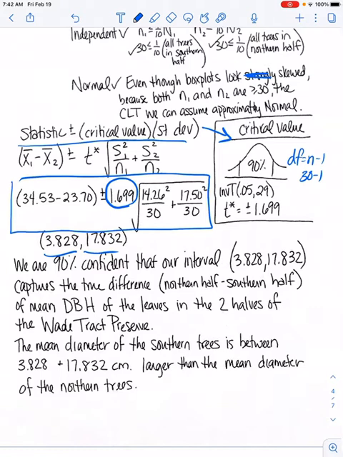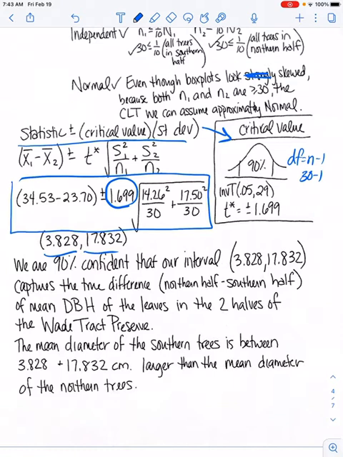The mean diameter of the southern trees is between that much larger than the mean of the diameter of the northern trees. Okay, so this extra sentence is just saying, first of all, my interval is all positive, which means I did southern minus northern because the southern was bigger, so I would get positive values.